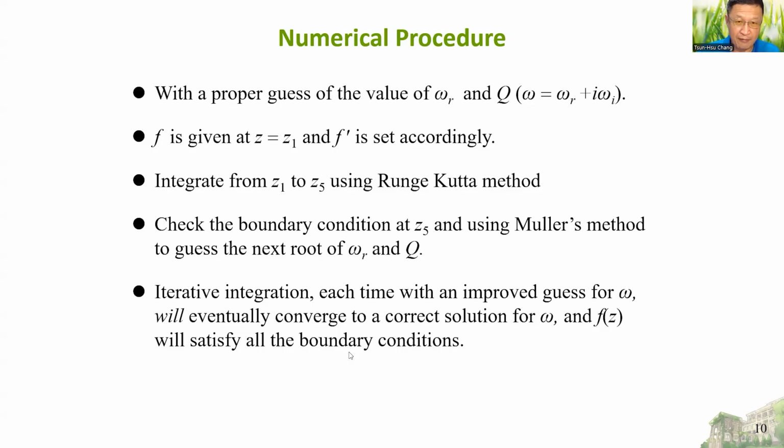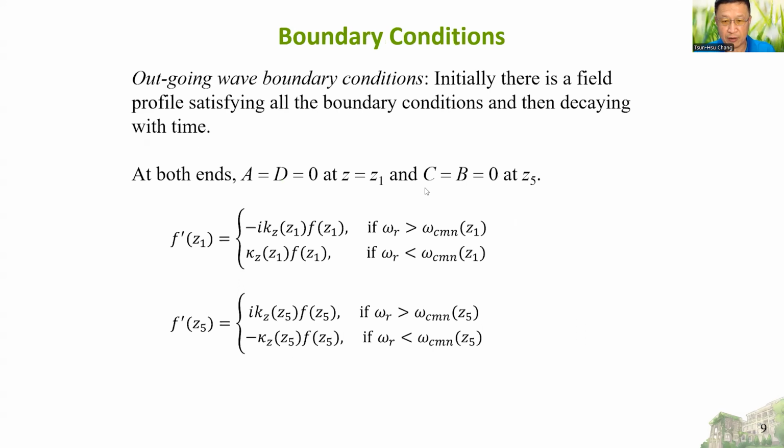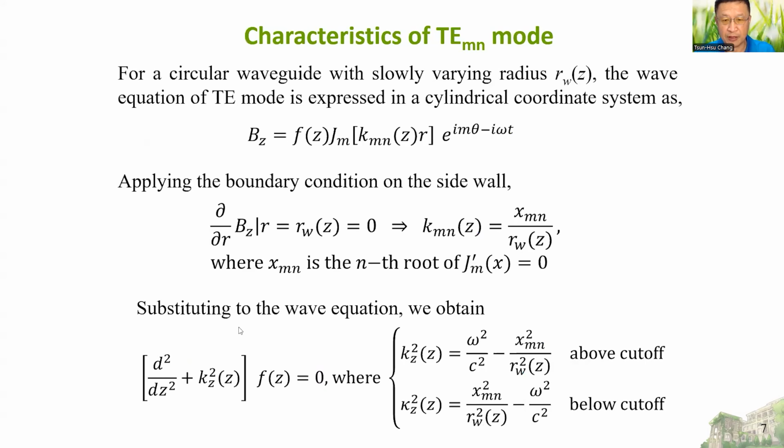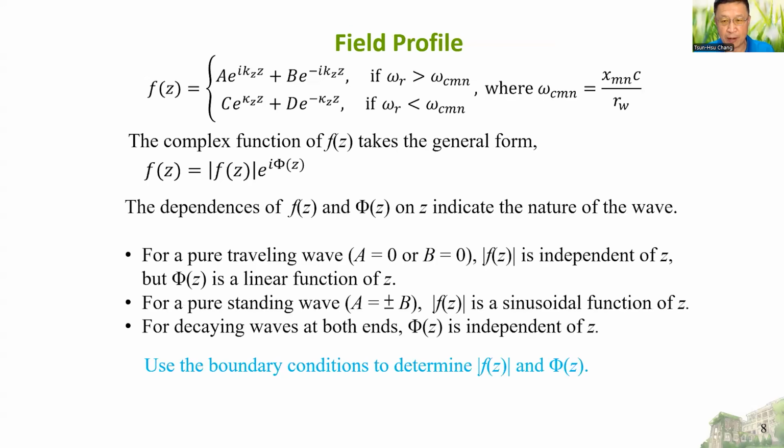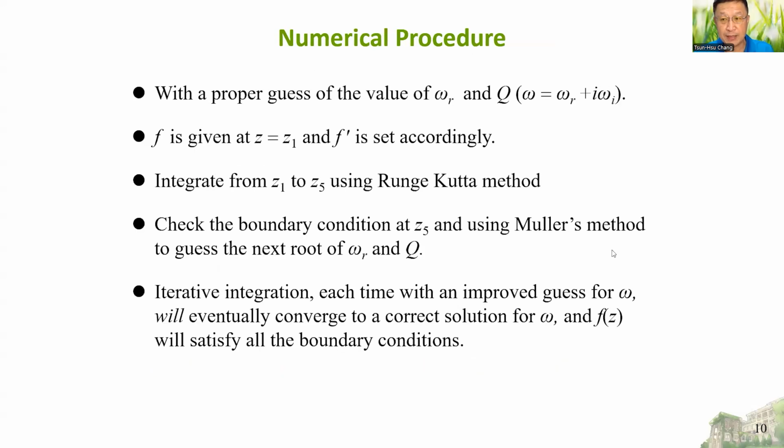The boundary condition on the left-hand side at z1 is given. And then with this one, f prime is obtained, and then perform the Runge-Kutta integration for this equation from the left-hand side to the right-hand side, and then change the boundary condition and use Muller's method to determine the next possible root, okay?